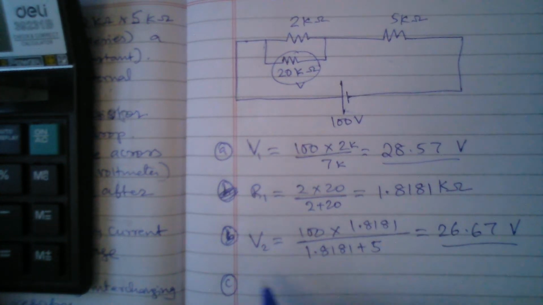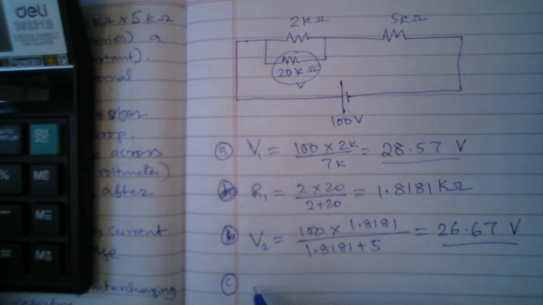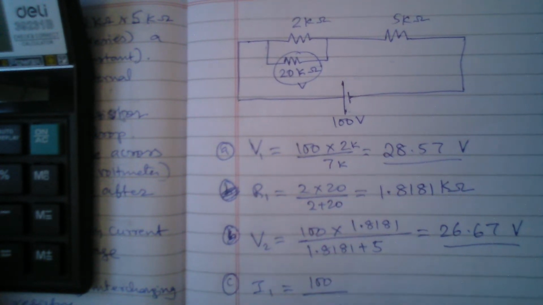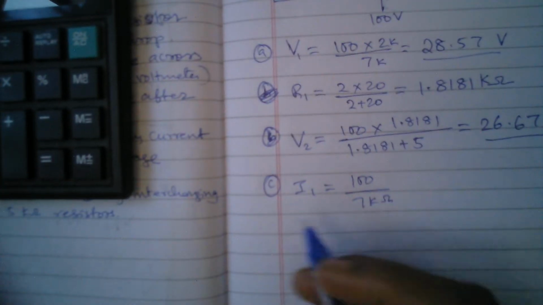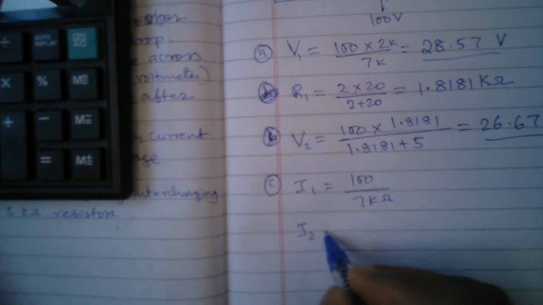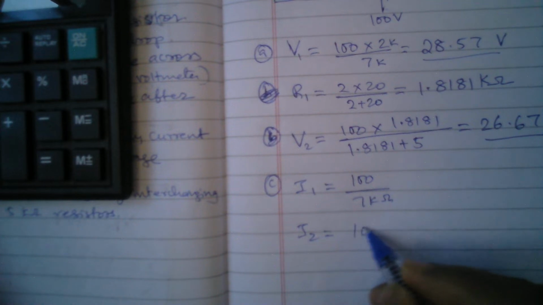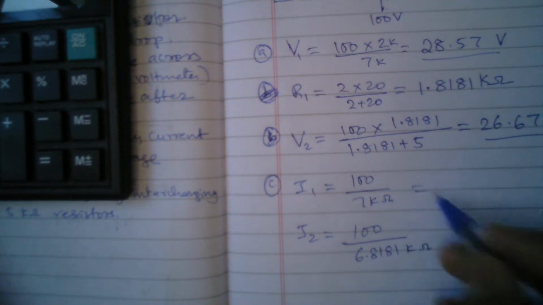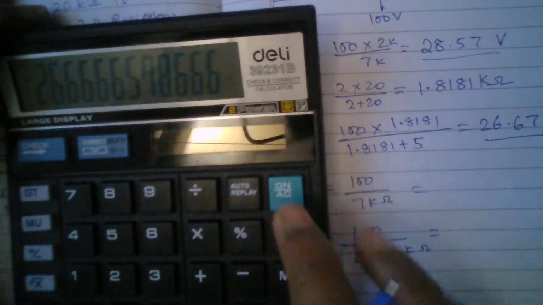Earlier the total current I1 is 100 by 7 kilo ohms, whereas now I2 is 100 by 6.8181 kilo ohms. So there is a small change here. Let us see what the change is.